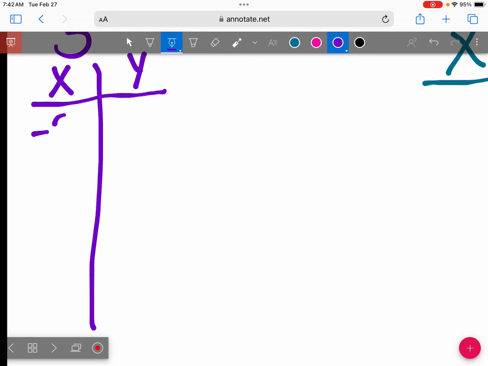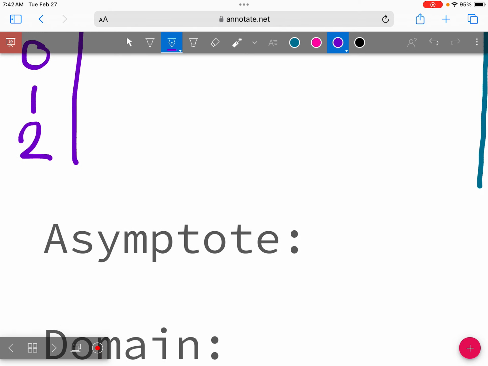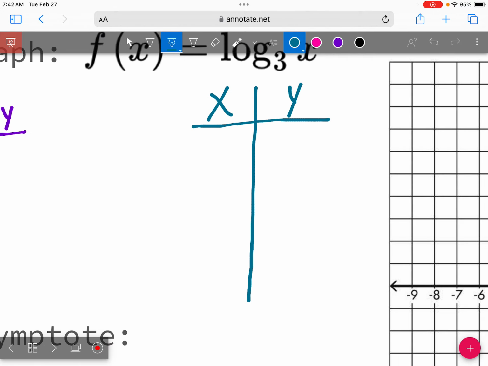So on our exponentials, we just take our x's, our -2, -1, 0, 1, and 2. That parent function had y equals 0. Which means I can just come over here.